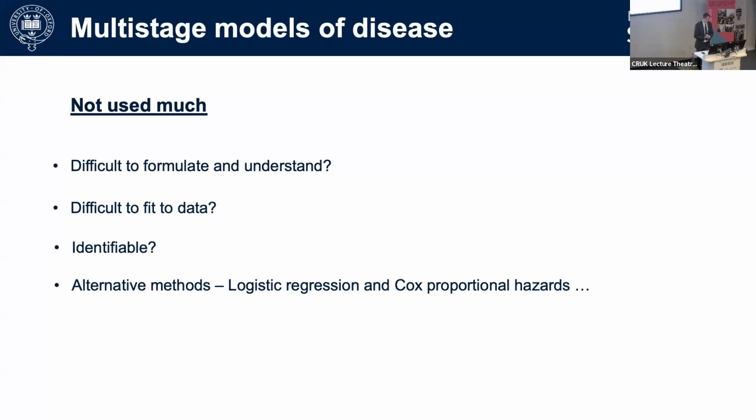But perhaps more importantly, alternative methods came along, such as logistic regression and proportional hazards, that were perhaps more suited to many of the questions that were being asked, questions to do with relative risks. So if you smoked, how much does your risk of one disease increase relative to somebody who doesn't?